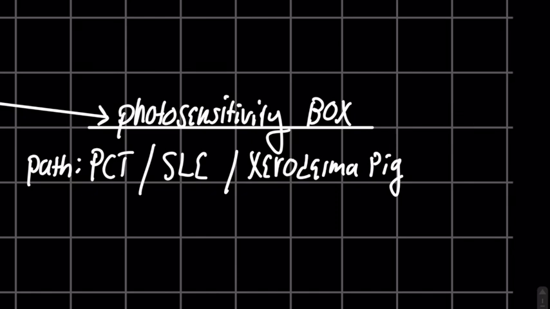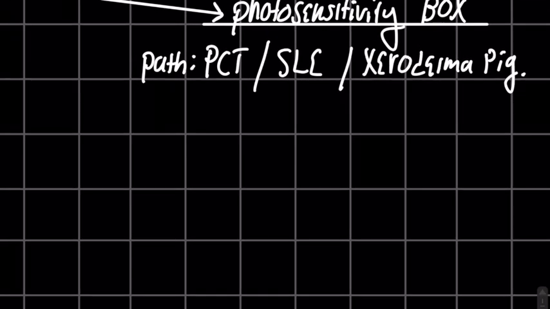Those of us without xeroderma pigmentosum are able to repair those very easily. But if you don't have that repair mechanism, you're going to have a defect that causes a rash and a very highly increased chance of cancer, skin cancers specifically. So those are things that can cause some photosensitivity. There are other pathophysiologies that can cause photosensitivity, but these are some of your top three.